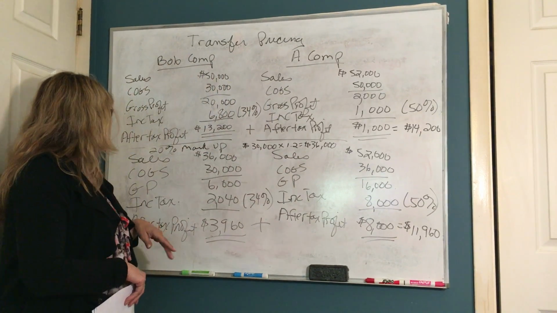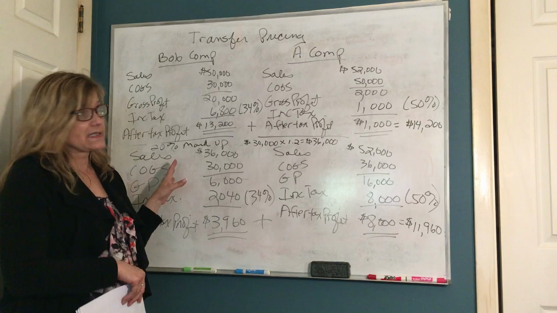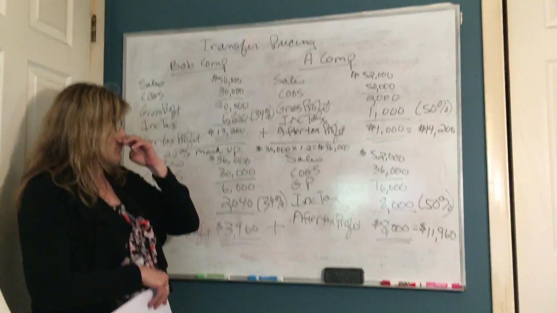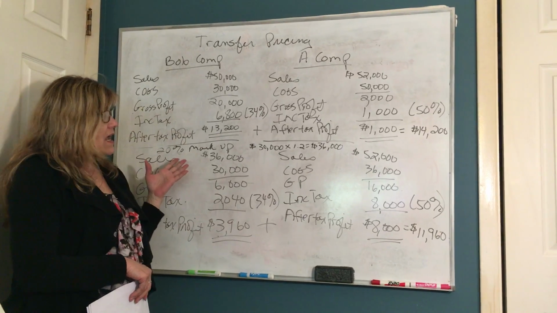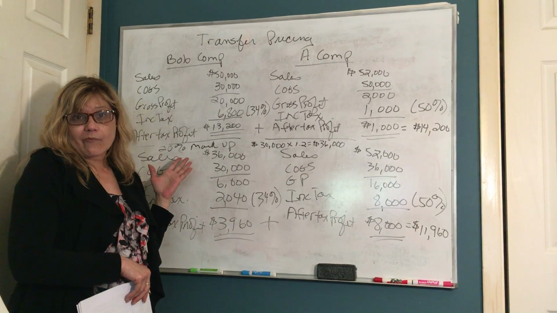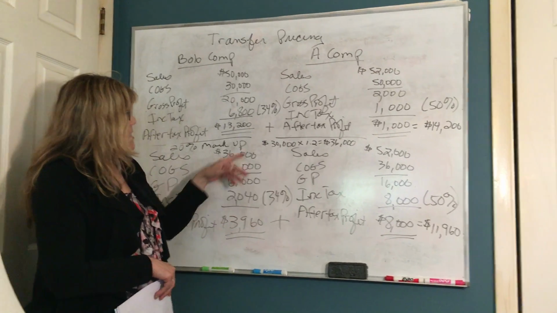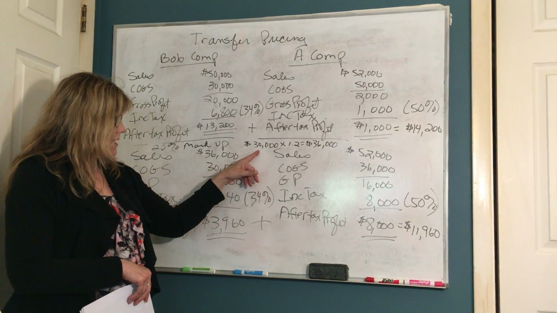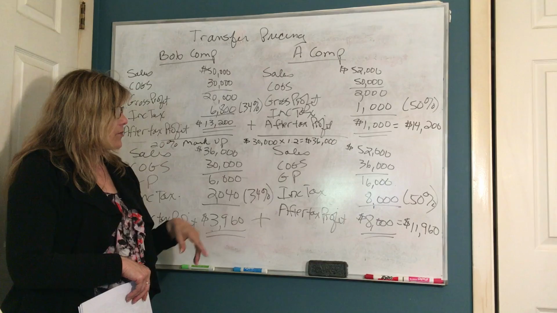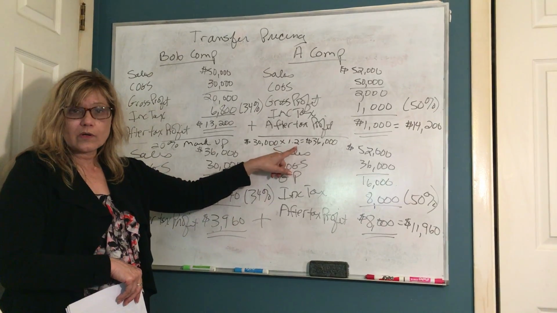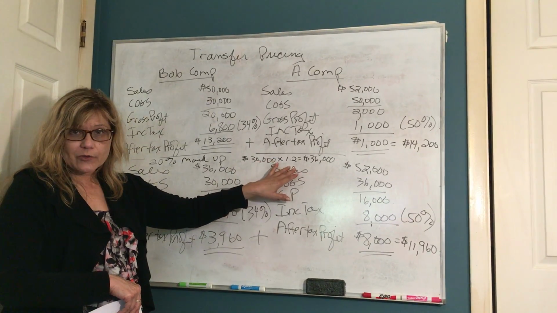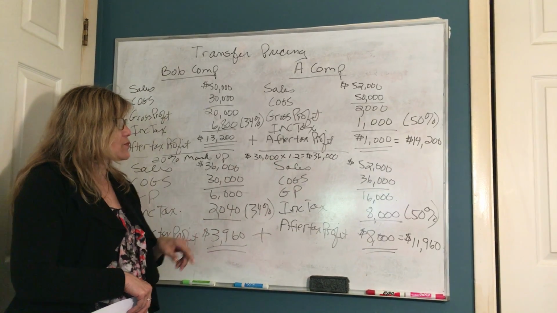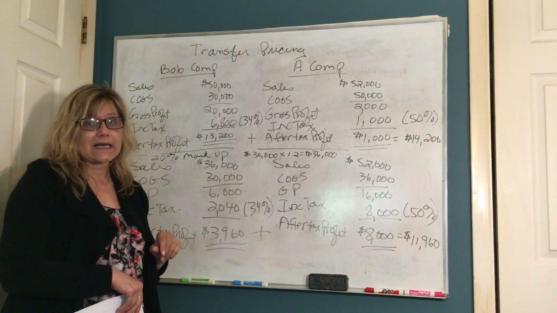Now let's look at if Bob Company, instead of selling at the transfer pricing maximum, sold it at what they normally mark it up for, 20%. The cost to Bob was $30,000, and the markup would be 1.2 times that. So 30,000 times 1.2 gives you 36,000.